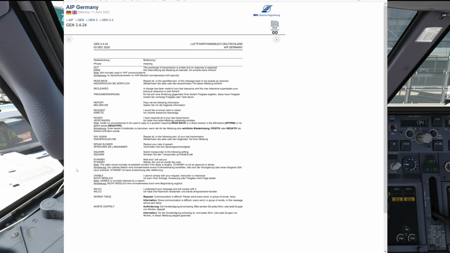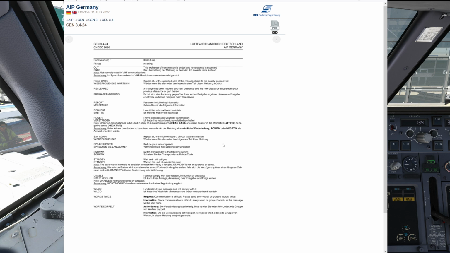However, what is very important for you, especially in the beginning when you're flying on VATSIM, are those over here. Say again, which means repeat all or the following part of your last transmission. So you can use that one when you have not understood a message that an air traffic controller has just transmitted to you.